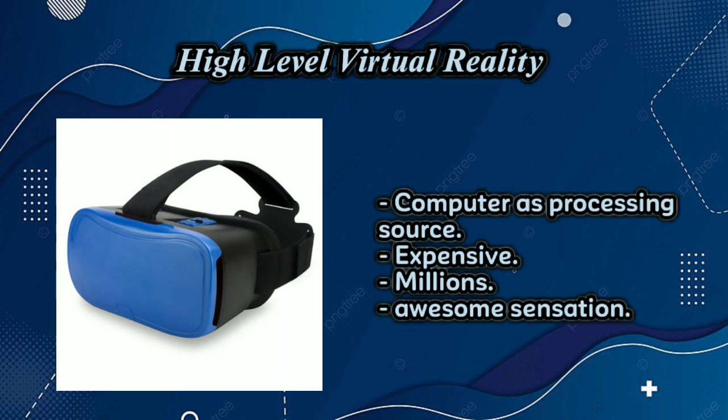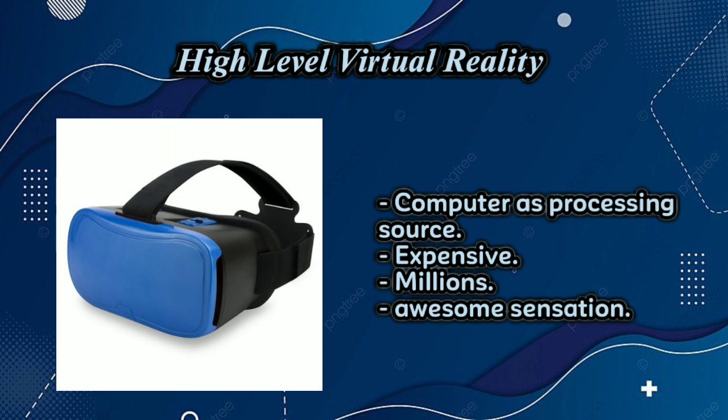Okay, and thirdly, there is high-level virtual reality. This type of VR uses a computer as a processing source, and the price is also more expensive. A high-class VR is usually sold for 1 million to 10 million. Even though the price is expensive, the sensation that this VR gives is much better when compared to smartphone-based VR devices.